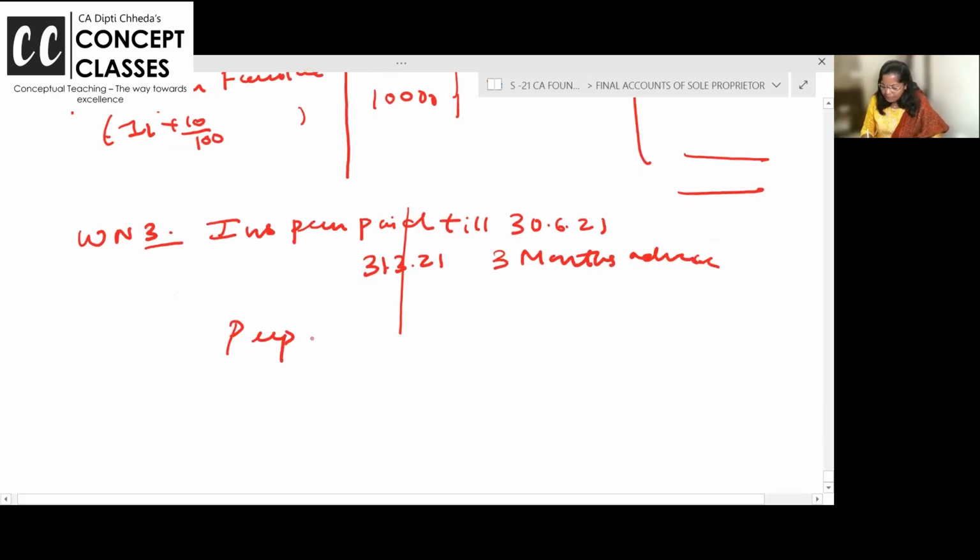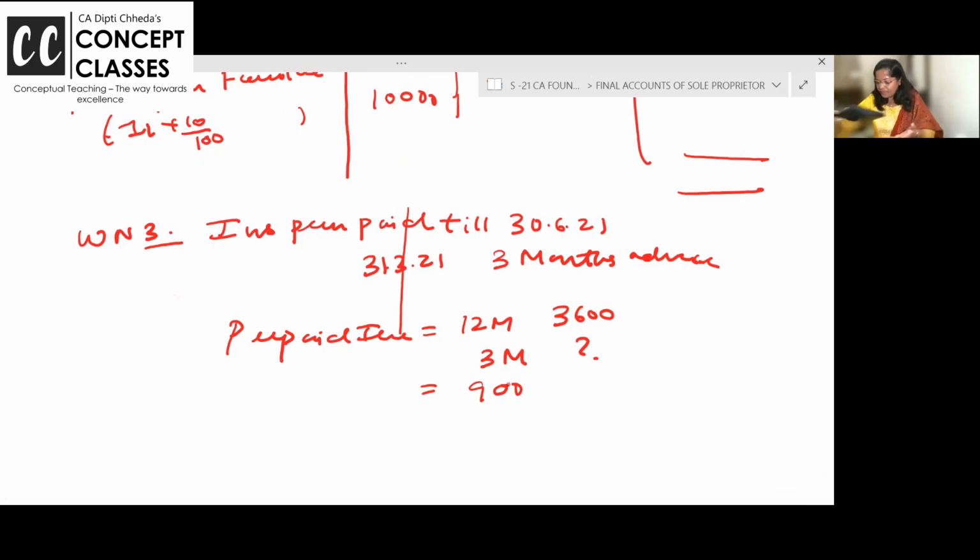So what will be prepaid insurance? 12 months insurance, how much you have paid? 3,600. So 3 months का question mark. 3,600 into 3 divided by 12. Can't say how much you are going to use this in CA Inter.